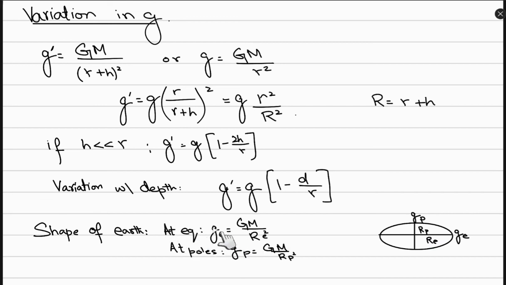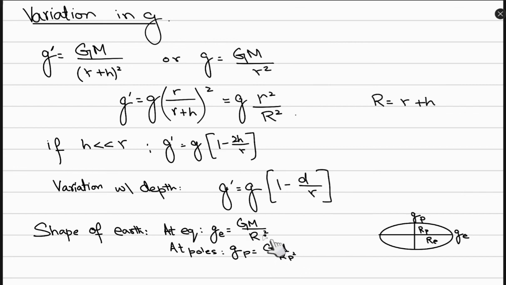So at the equator, the acceleration due to gravity is defined as GM over the radius of the equator squared, and at the poles, the acceleration due to gravity is defined as GM over the radius at the pole squared. Now by combining these two, we can find a relation of the acceleration due to gravity at the poles in terms of the acceleration due to gravity at the equator.